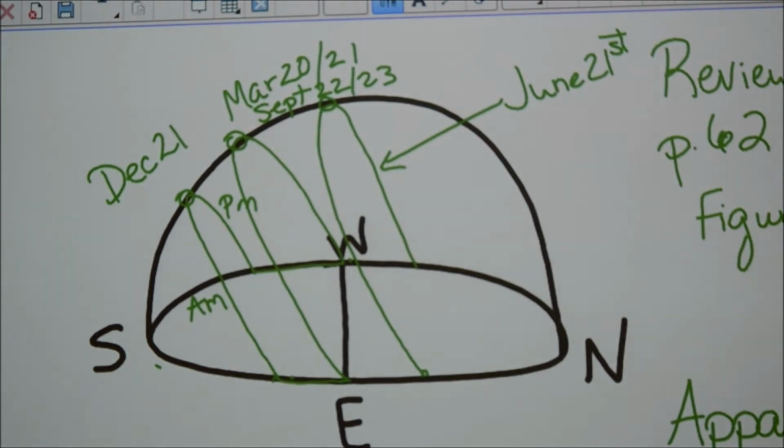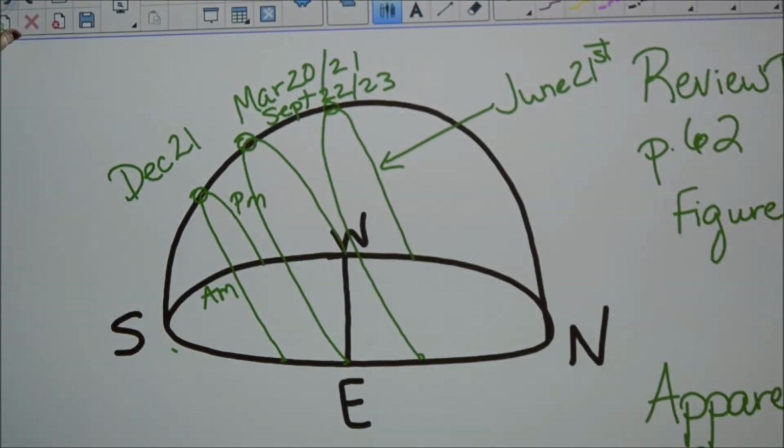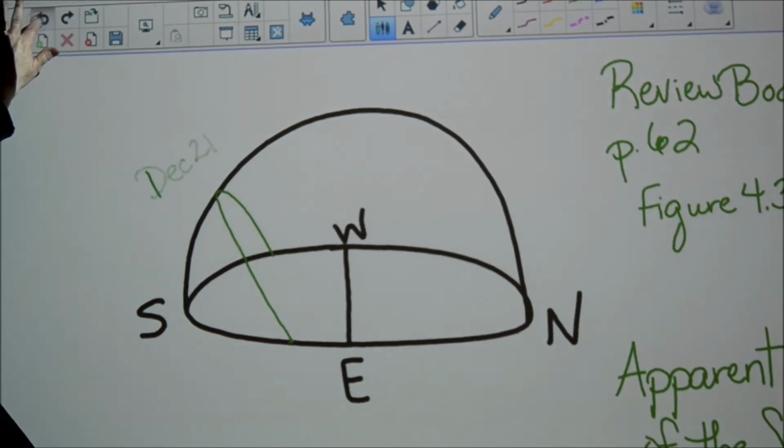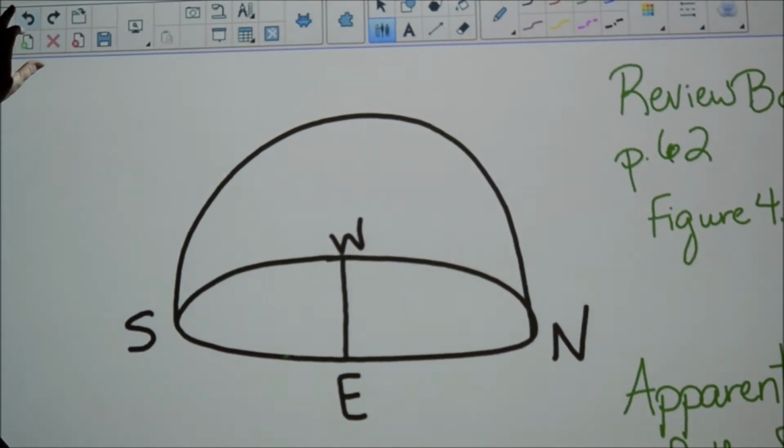So what I want to do is look at these again, but I'm going to ask a couple questions. So I'm going to back these up. That was all us here in Central New York.